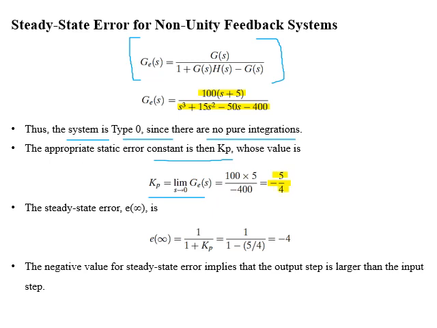Now the steady-state error associated will be 1 divided by 1 plus the position constant, and this will give us a value of minus 4. The negative value for steady-state error implies that the output step is larger than the input step.